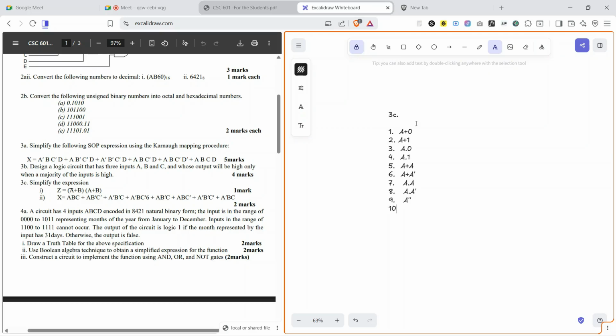The 10th one is A plus B. The 11th one is A plus A bar B. The 12th one is A plus B, A plus C.